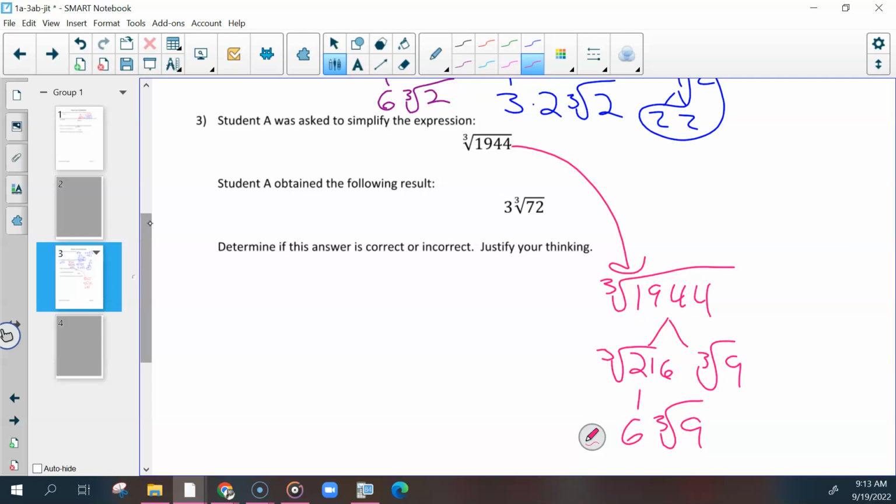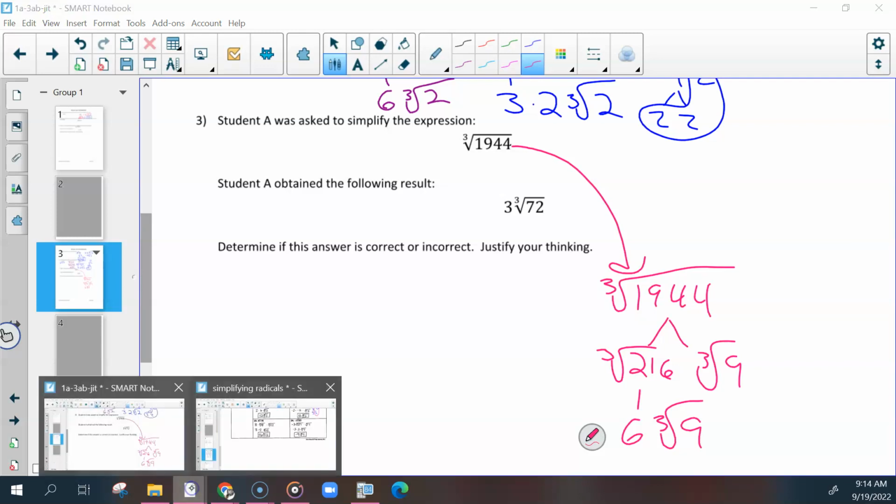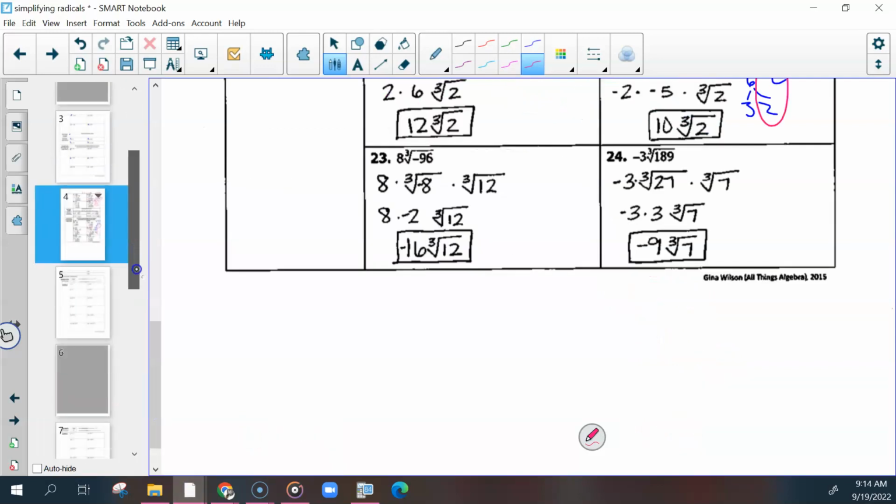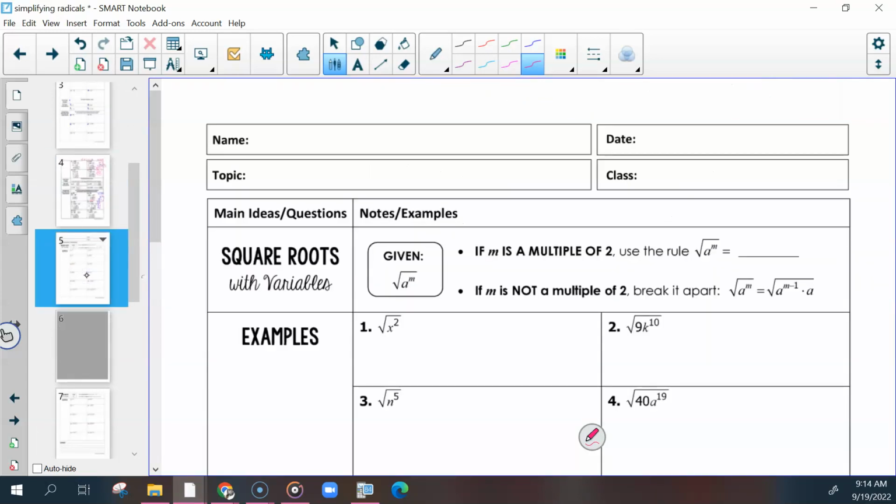So in those same notes that we were working in last class, now we're going to talk about how to simplify with variables. The same way we simplified just numbers is going to be the same thing we do for variables.